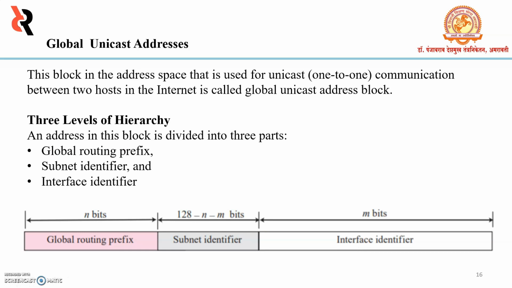The interface identifier is similar to the host ID in IP version 4 addressing, although the term interface identifier is a better choice because we know that the host identifier actually defines the interface, not the host. If the host is moved from one interface to another, its IP address needs to be changed.